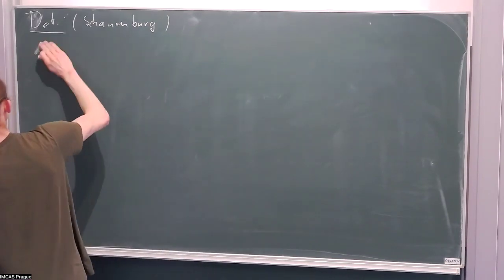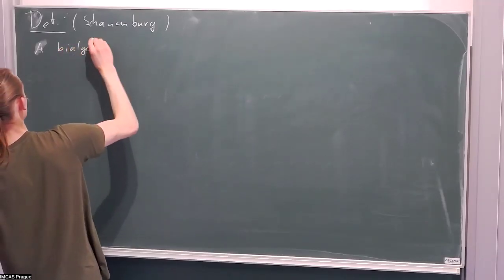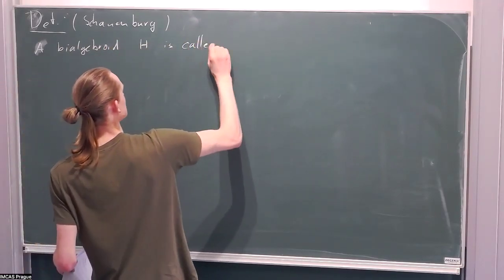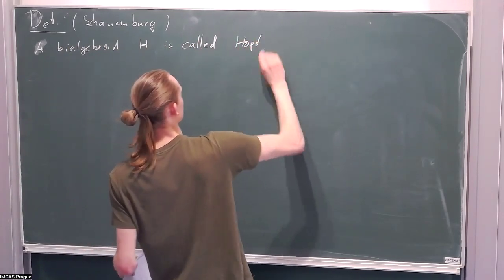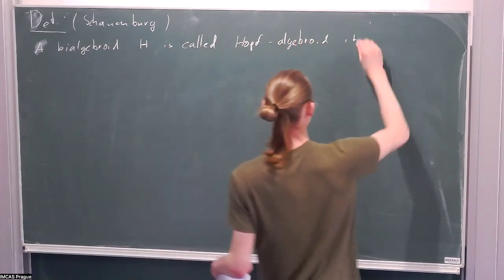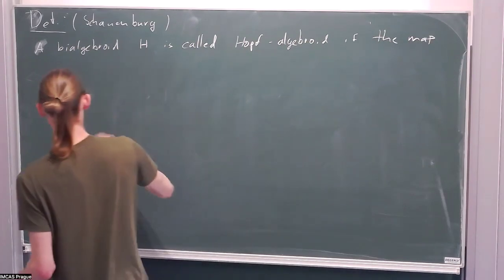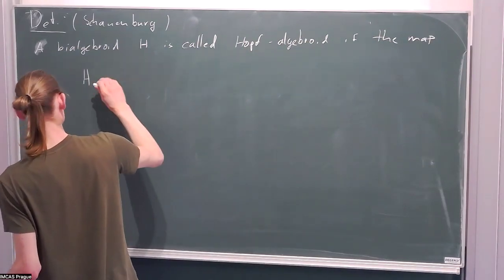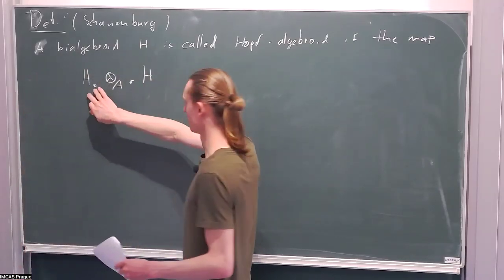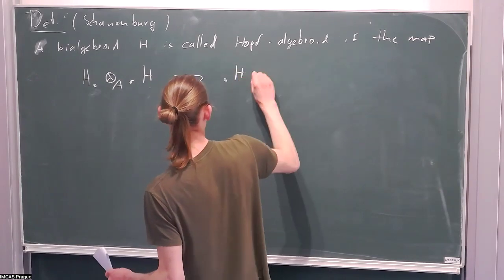So let's phrase it like this: a bialgebroid H is called a Hopf algebroid if the map, now this goes from the balanced tensor product where you consider the right A action on this left factor, to this other balanced tensor product.